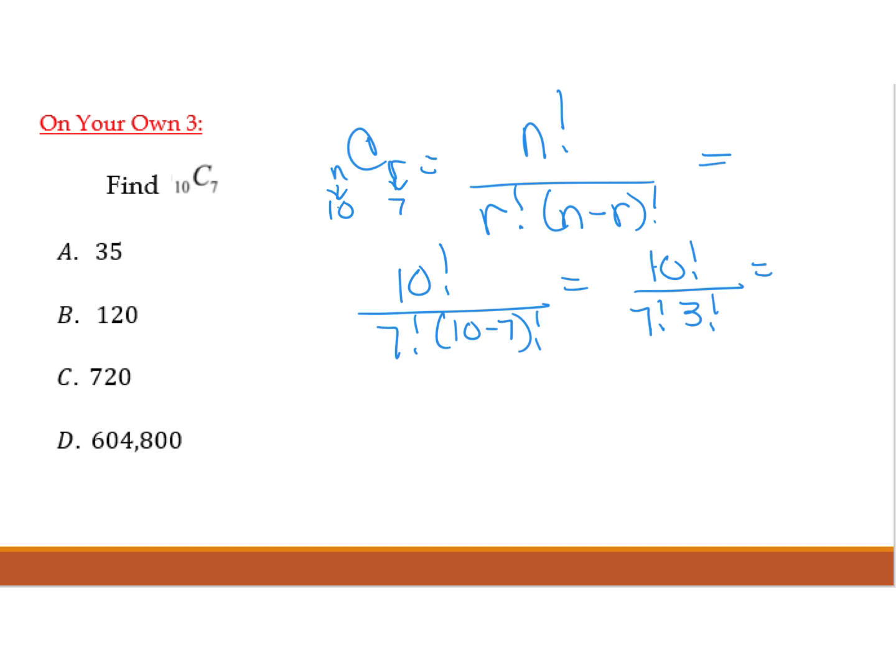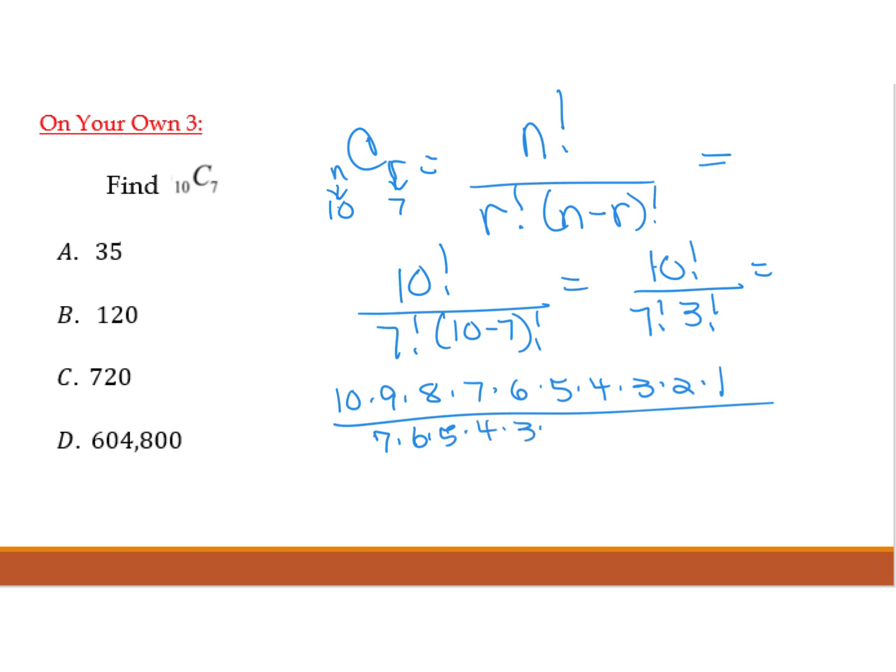I'm going to expand this. This is going to be 10 times 9 times 8 times 7, 6, 5, 4, 3, 2, 1, divided by 7 times 6 all the way to times 1, and then 3 factorial is going to be 3 times 2 times 1.